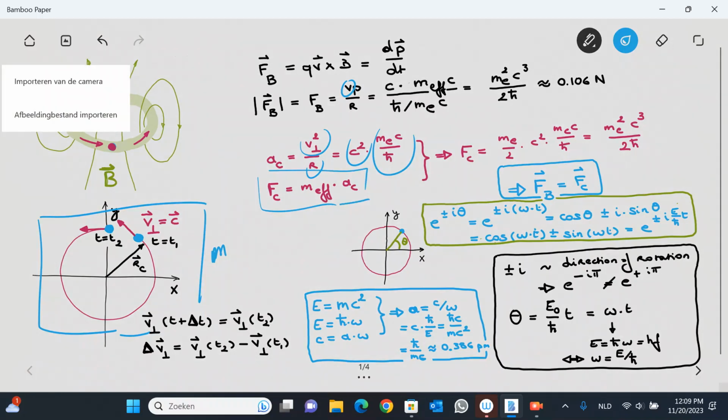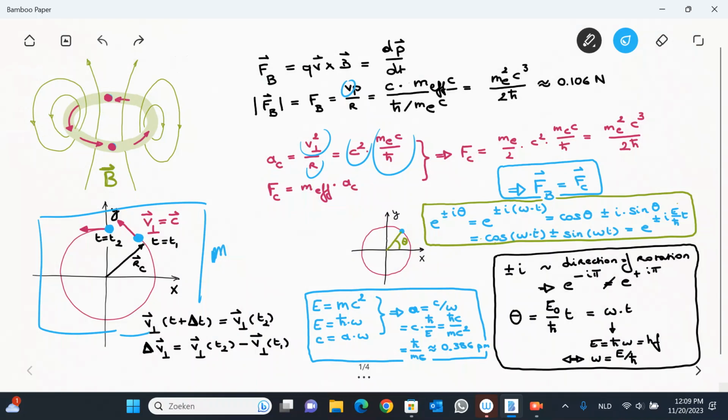So our formula, mass times acceleration, again relativistically correct, is the effective mass, the total electron mass divided by 2, times this quantity. Look what we get. We get the same thing here. The electron mass squared times c to the power 3 divided by 2h.